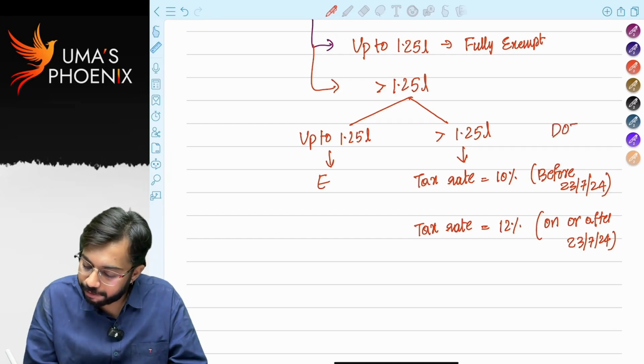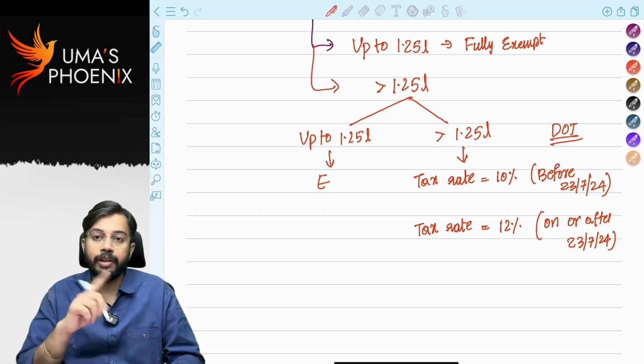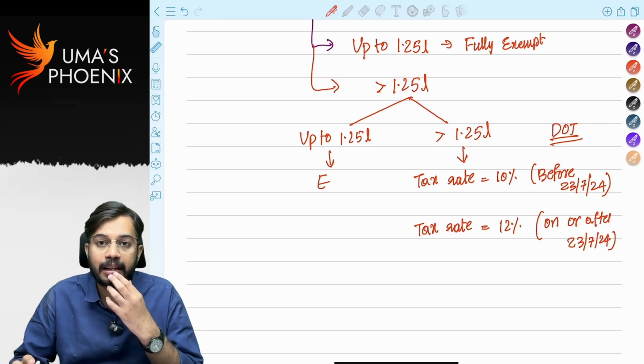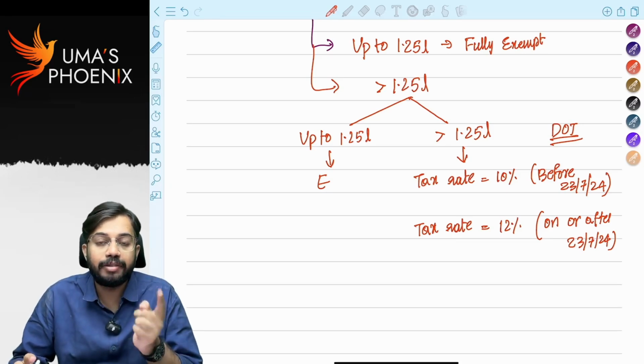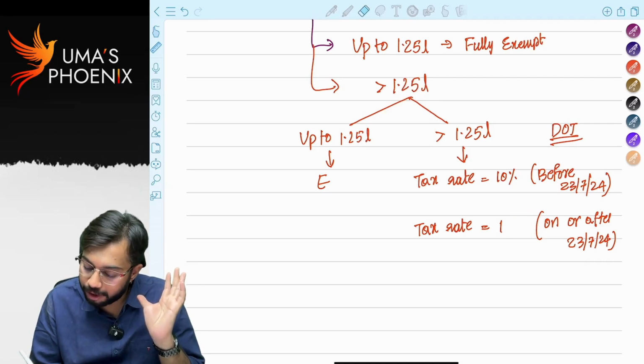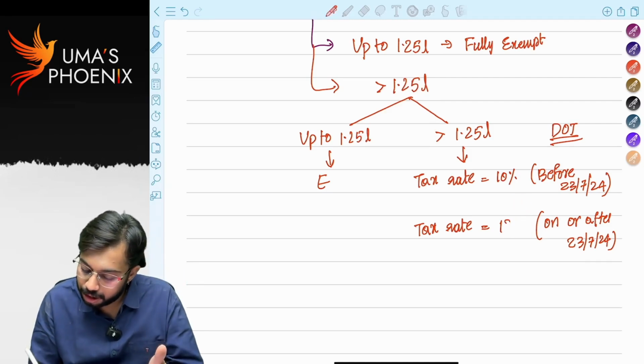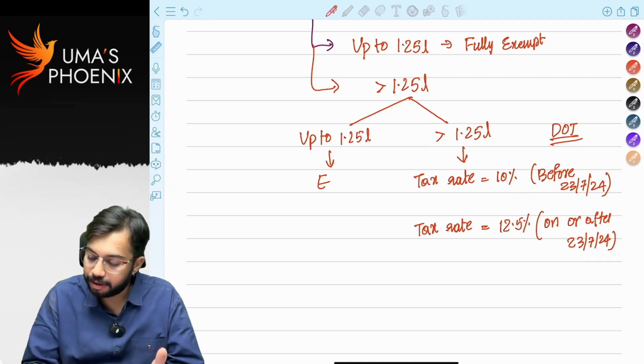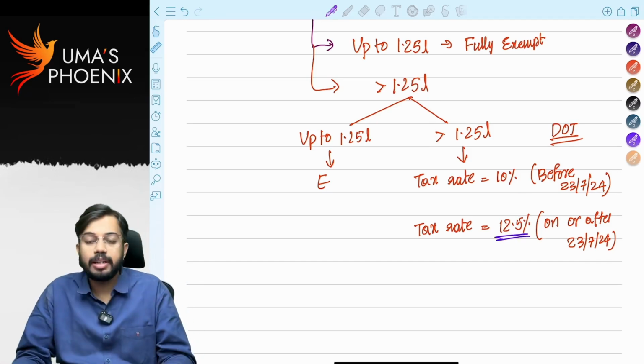So if the date of transfer is before 23rd July 2024, what is the tax rate applicable? 10%. If the date of transfer is on or after 23rd July 2024, long-term capital gain under section 112A is taxable at the rate of 12.5%, not 12%, 12.5%. Okay. This is the amendment.